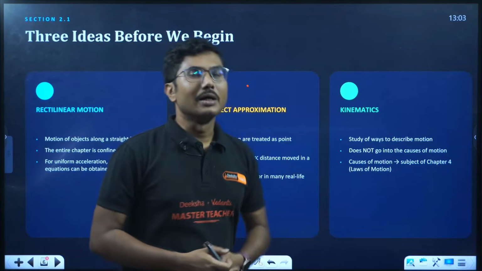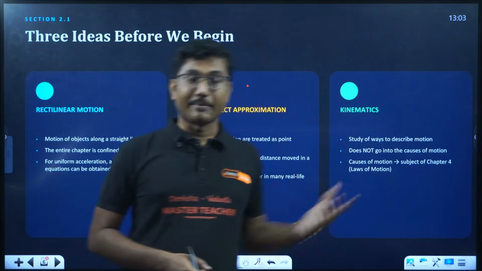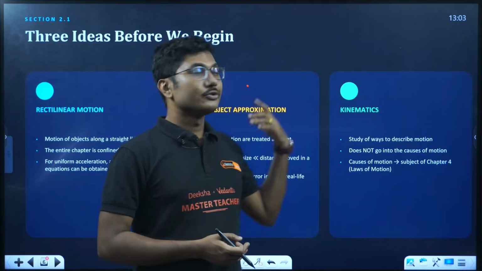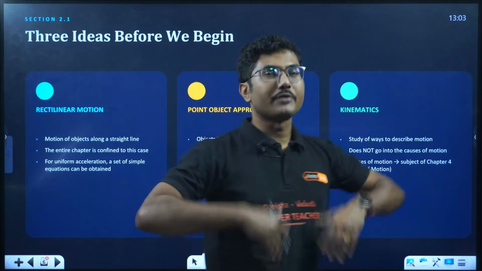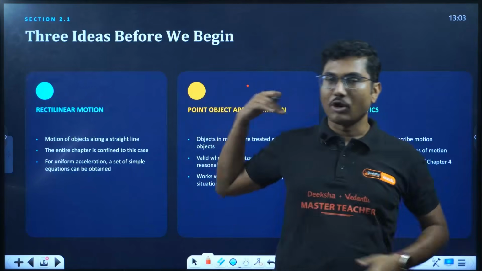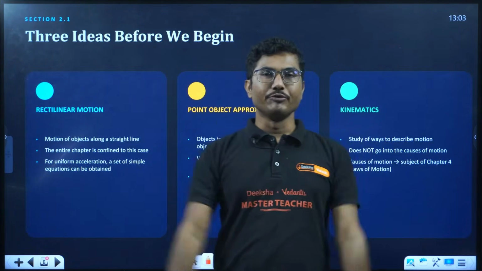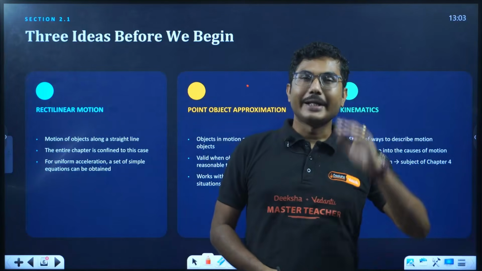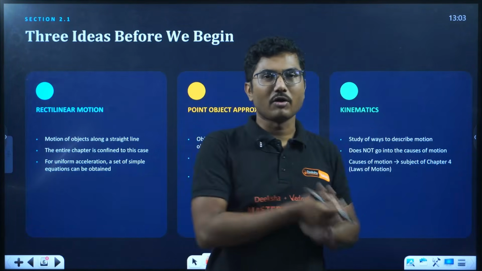We will learn about causes of motion in our fourth chapter, where the laws of motion are covered. So motion comes first, because in our observable universe, whatever we can see, everything is moving. Later on we will inquire why it is moving. Why it is moving is not part of this chapter.